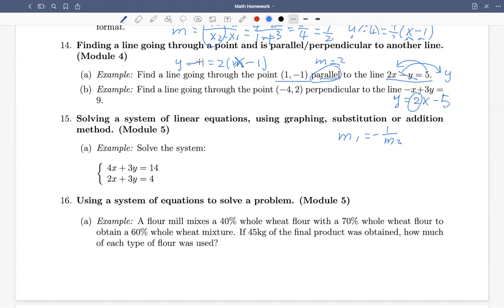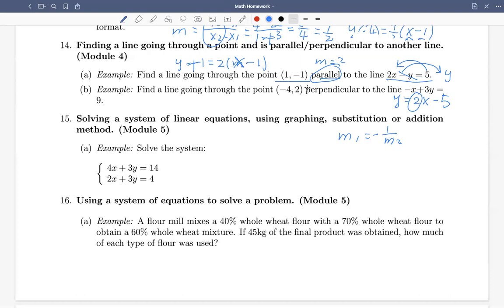Minus -1 becomes y plus 1. Then this becomes 2x minus 2. If the question doesn't ask you to do slope-intercept form, you can leave it like this, right?